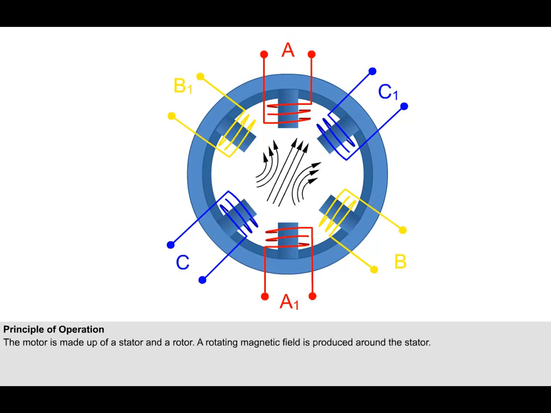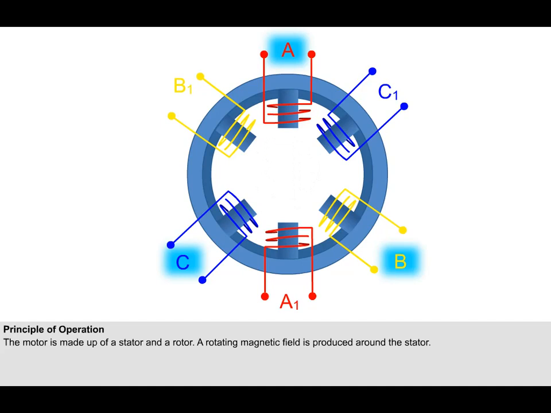This arrangement produces a rotating magnetic field around the stator. To see how the rotating magnetic field is produced, we will look at one half cycle of the AC supply. When the current flow in their phases is positive, the poles marked A, B and C are magnetic north poles, and those marked A1, B1 and C1 are south poles.